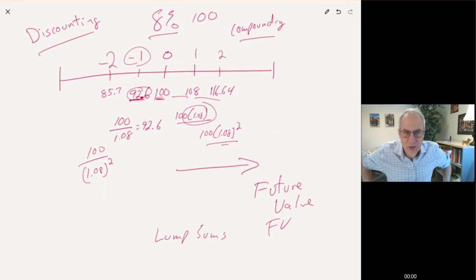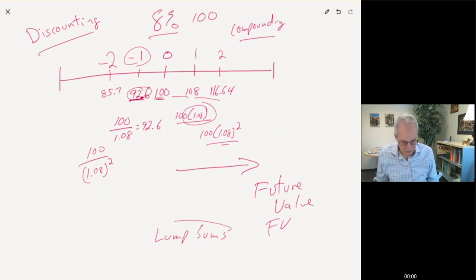Typically when we do these problems, for the most part we have 4 problems. We have lump sum, present value, future value, and then we have payments, present value, future value. Sometimes there's a combination of those to make the problems a little more difficult.